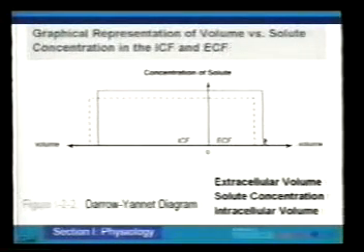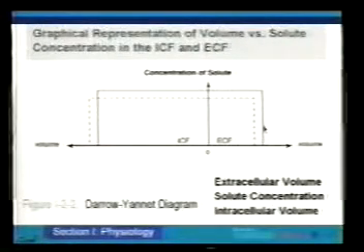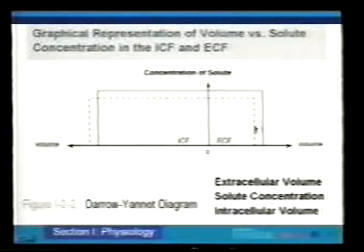Now, if the volume of this compartment increases, this line would shift to the right, and you would have an increased volume in the extracellular compartment. On the other hand, if the volume decreases in the extracellular compartment, the line would shift to the left, it would cross the x-axis closer to the origin. Therefore, this dashed line shows a volume in the extracellular compartment less than the original state.